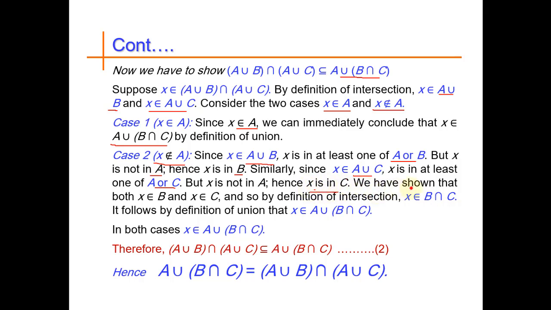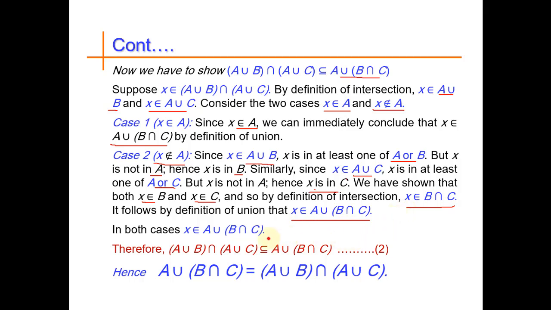So we have shown that both X belong to B and X belong to C, and so by the definition of intersection, X belong to B intersection C, and when it belongs to B intersection C, then we can conclude that X belong to A union (B intersection C).